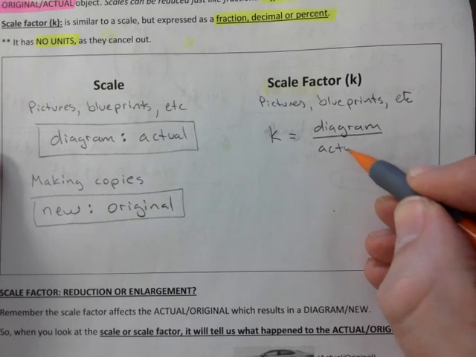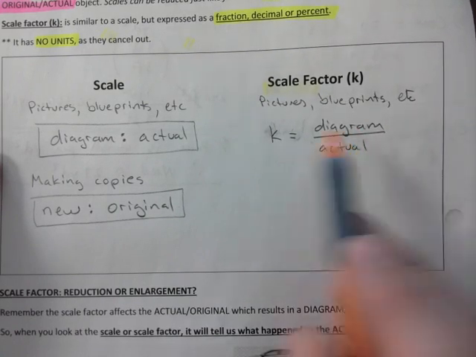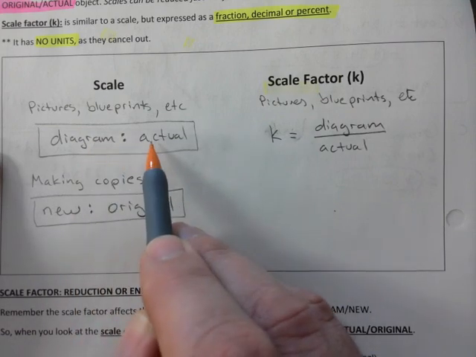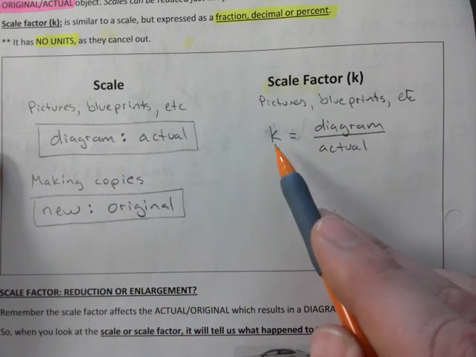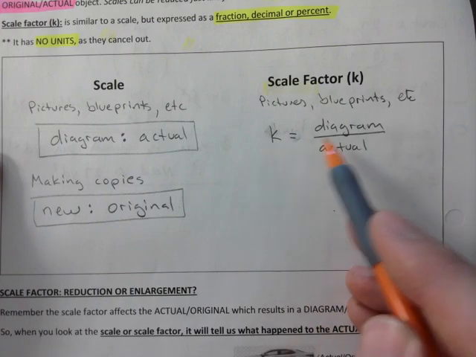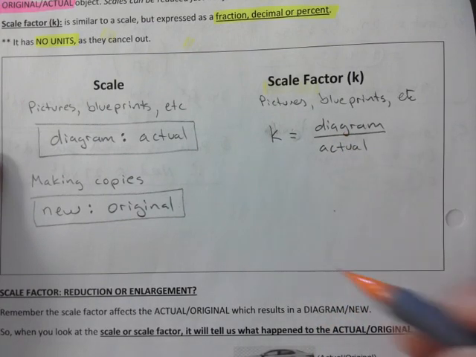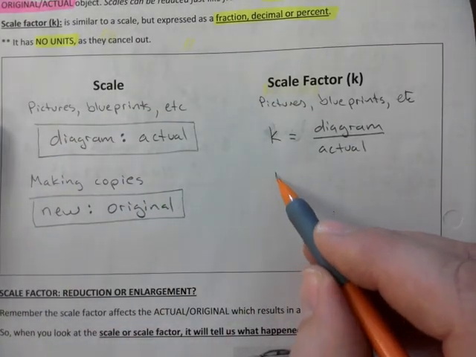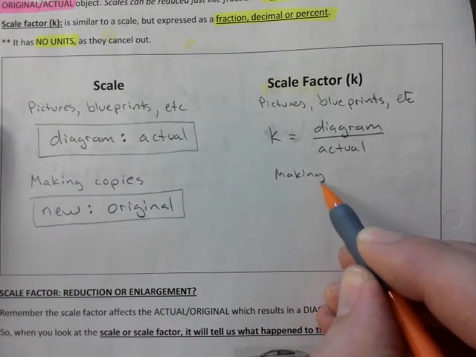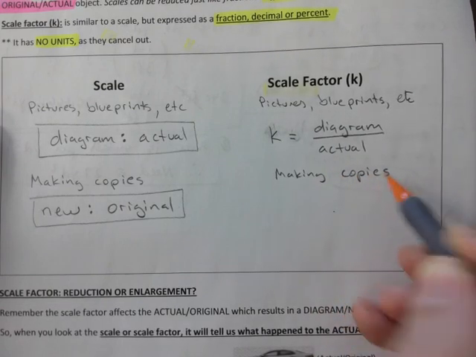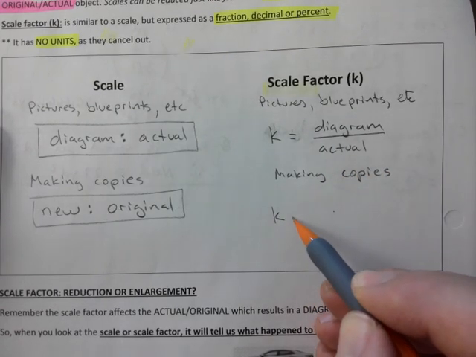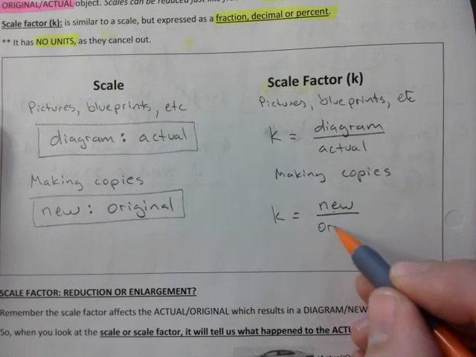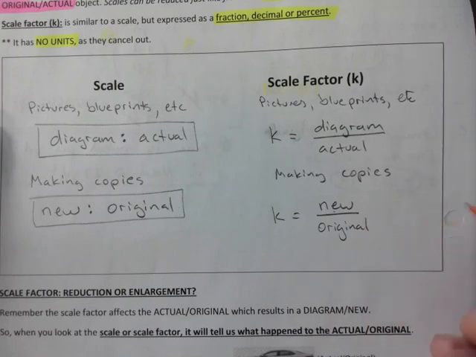So you can see how I'm using the same words, but we understand that this is how we state a scale, and a scale factor, which we use the letter K for, is written like that. So it's basically stacking this. And if you're making copies, you would rather stick with new, and you divide it by the dimensions of the original.